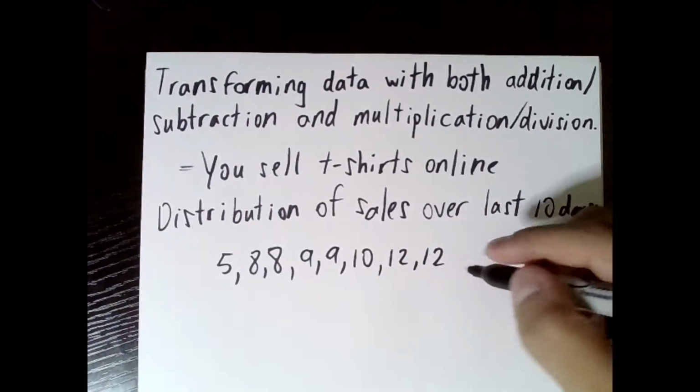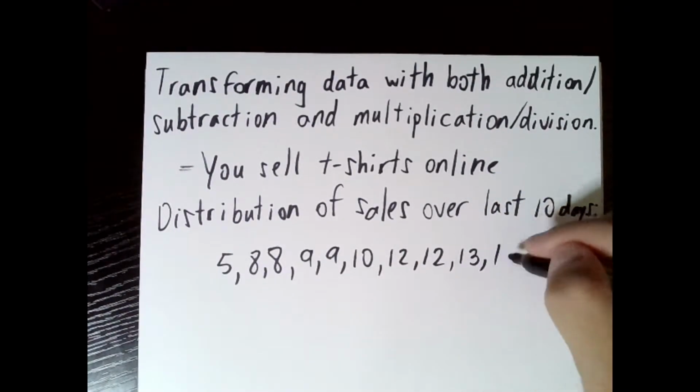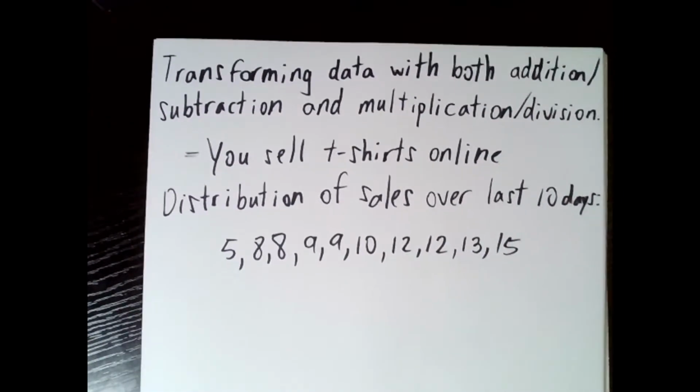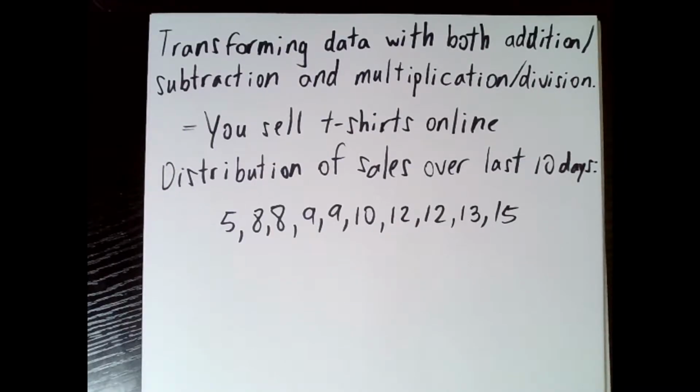And again, I want to see what happens when I not only apply some sort of transformation with multiplication like we did in the last video, but what if I multiply and add? Well, what's a situation where I may have to multiply and add to a data set?